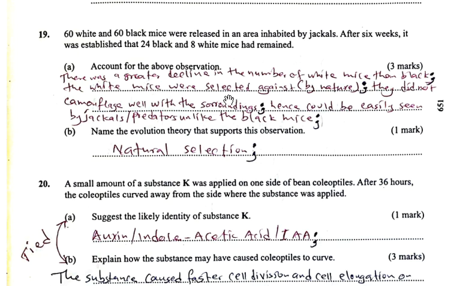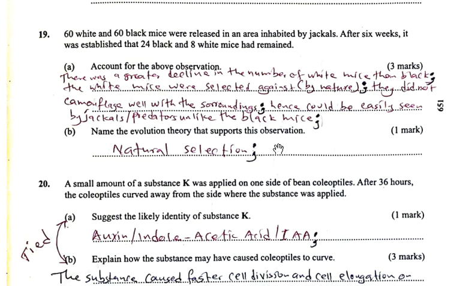The white mice were selected against by nature; they did not camouflage well with the surrounding, hence could be easily seen by predators like the jackals, unlike the black mice. Name the evolution theory that supports this observation, that is natural selection.